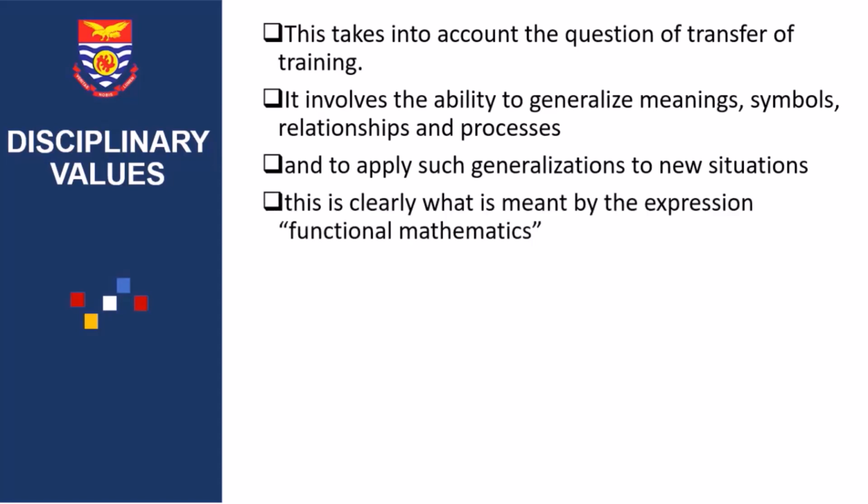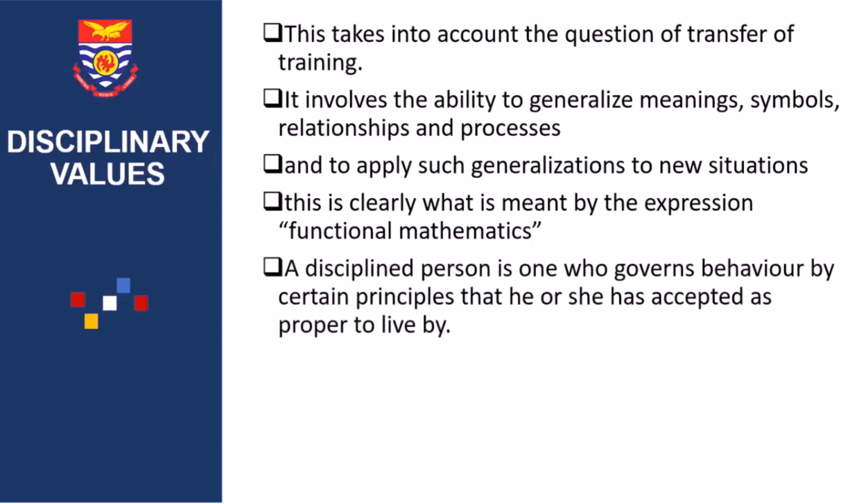This is clearly what is meant by the expression functional mathematics. So the mathematics, or the part of mathematics that makes you function in society, is what we call the disciplinary values. And a disciplined person is one who governs behavior by certain principles that he or she has accepted as proper to live by.